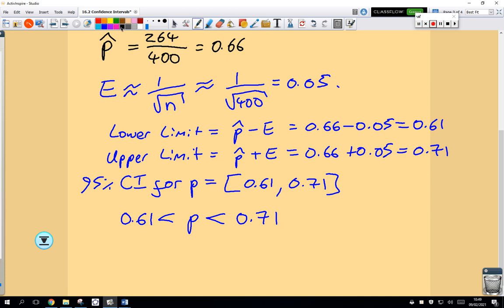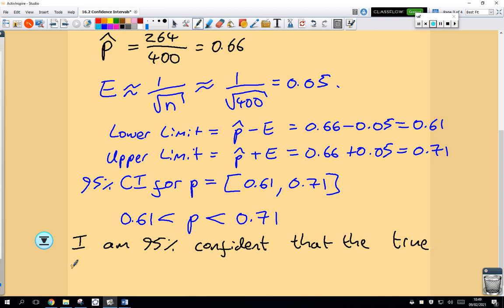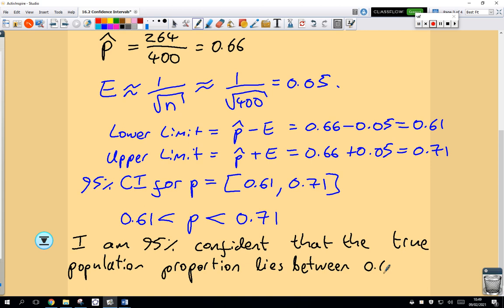And if I want to put this into words, how do I do that? Well, I would say that I am 95% confident that the true population proportion lies between 0.61 and 0.71.